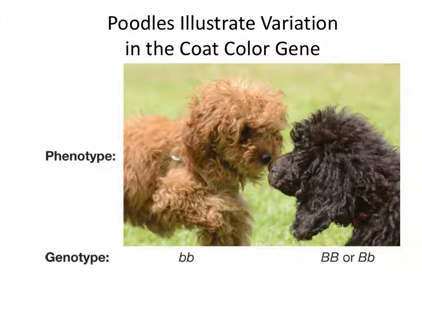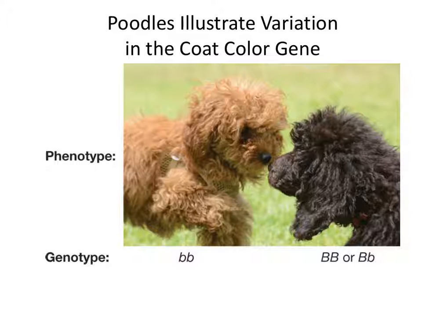So, poodles illustrate variation in the coat color gene. We have 2 poodles here, one with a brown coat, one with a black coat. The phenotype is the coat color. The basis for this phenotype could be other things.